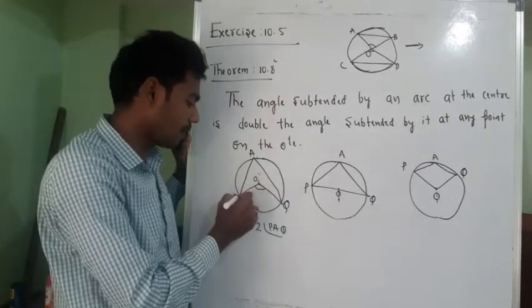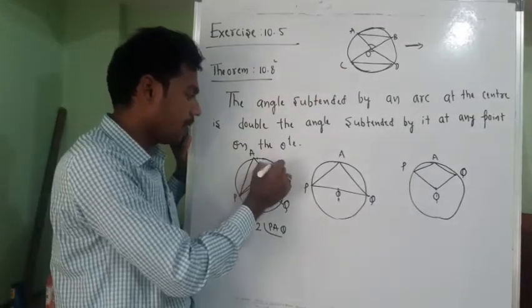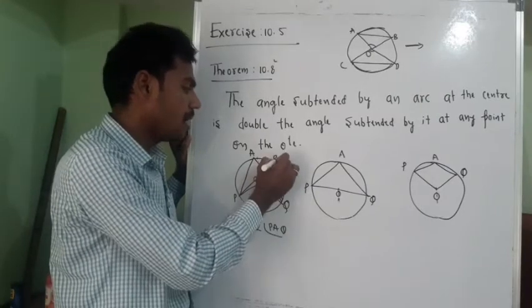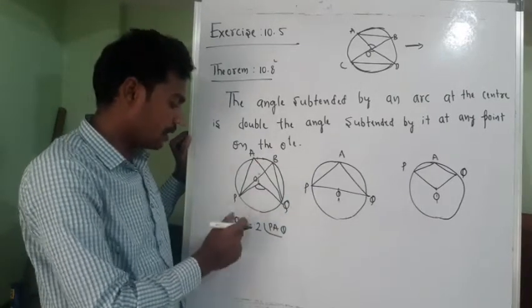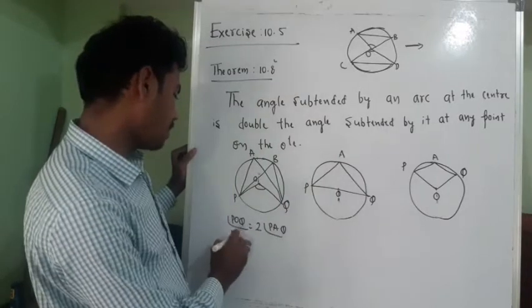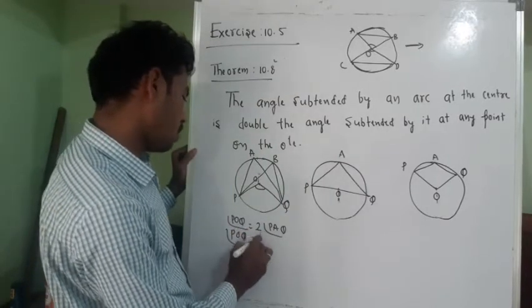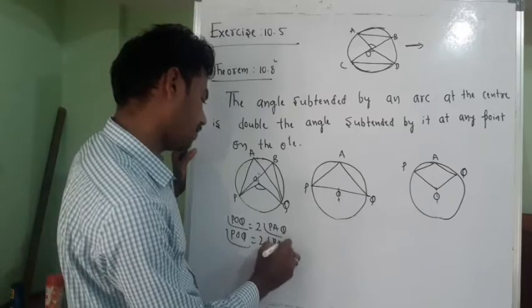What does it mean? Angle POQ is equal to 2 times angle PAQ, if the point is A. It can be anything. Even if you take point B, PQ will be equal to 2 times angle PBQ.